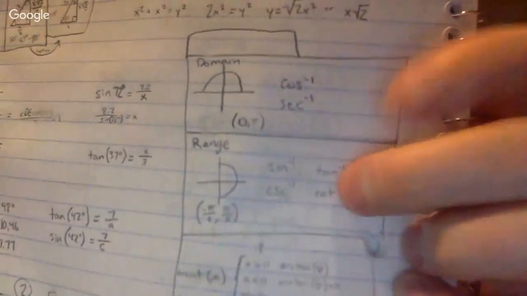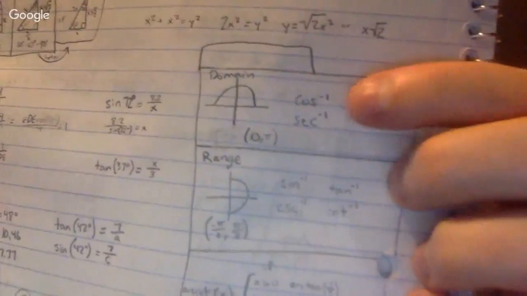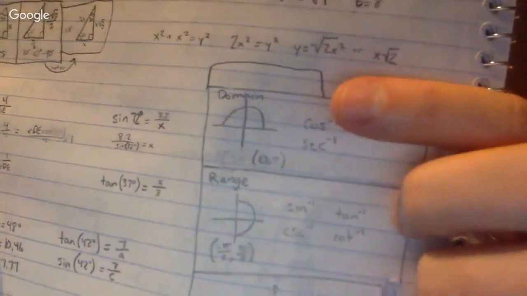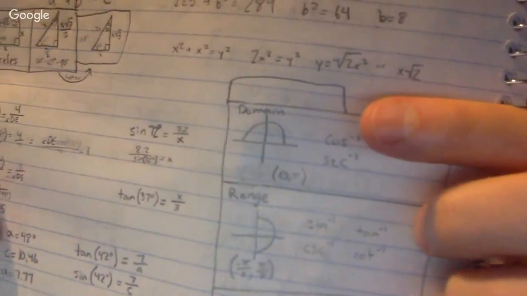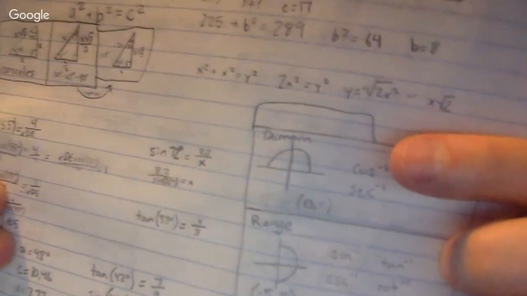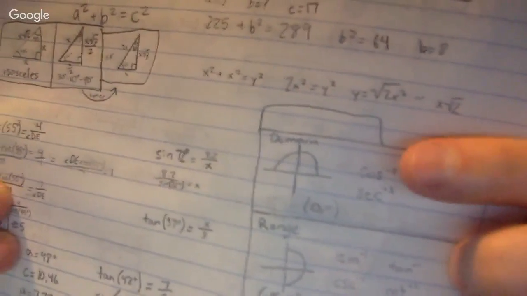So a better way to look at that is this right here, looking at the unit circle. So arc cosine and arc secant show up on the top half of the unit circle, which is from 0 to pi, or quadrants 1 and 2.